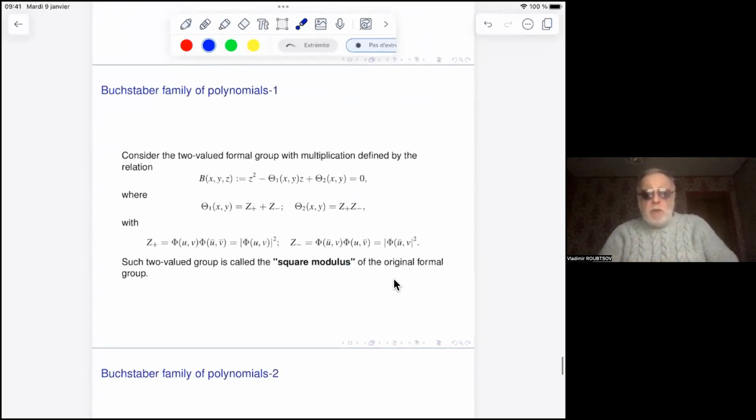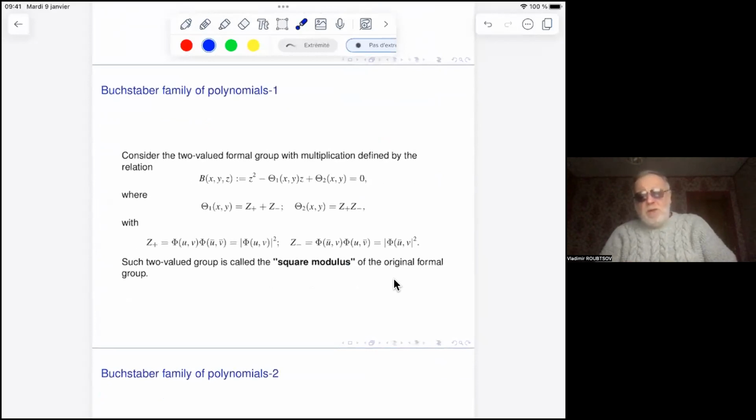And then we can consider a quadratic polynomial of three variables x, y, z, which is written in the form z squared minus θ1 xy z plus θ2 xy equal to 0.